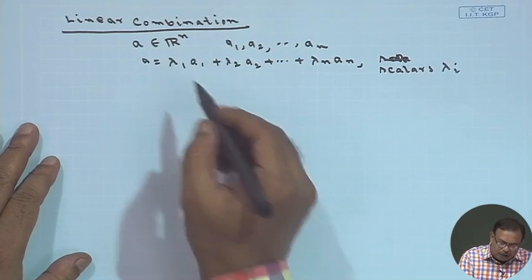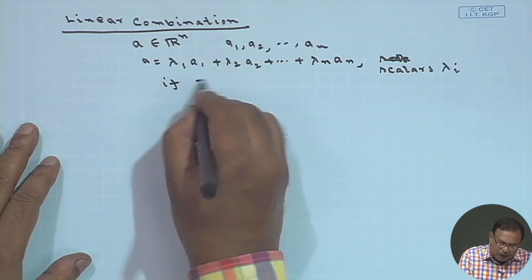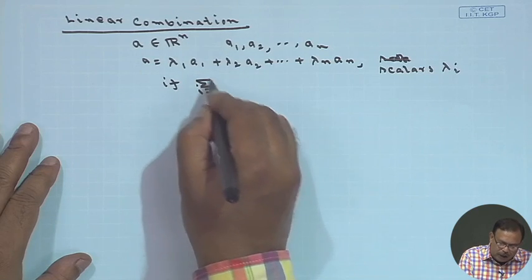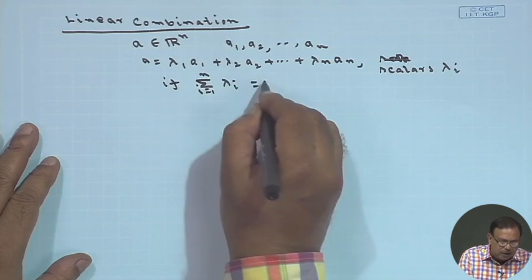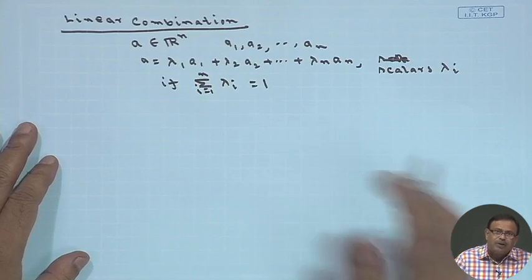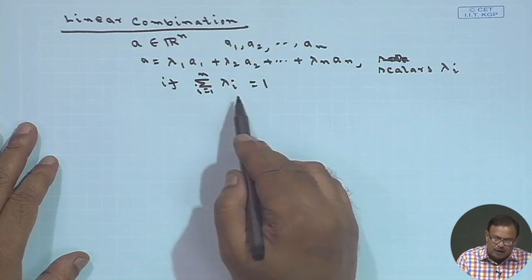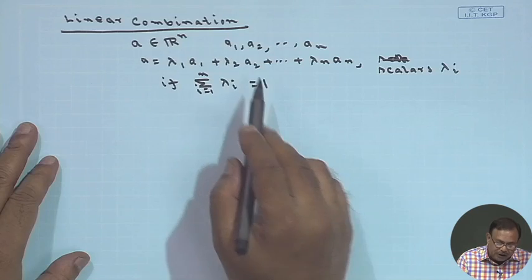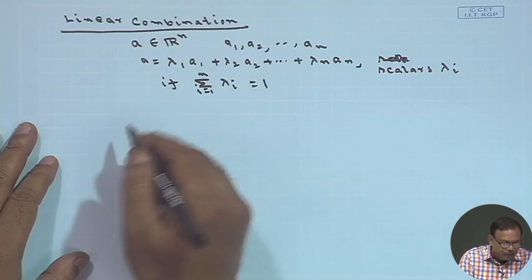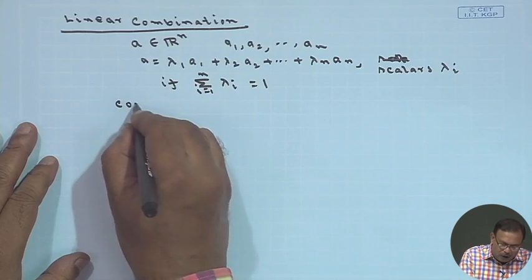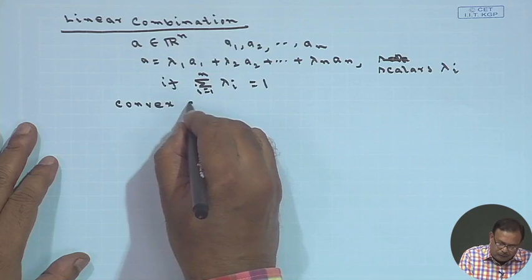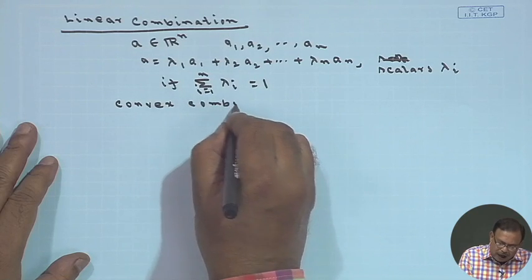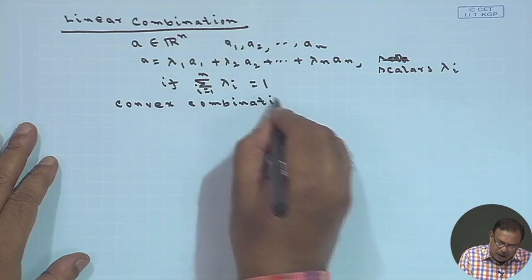In addition to this, if the summation over i equals 1 to n of lambda_i equals 1, that means the sum of all these scalars is equal to 1, then this linear combination we call a convex combination.